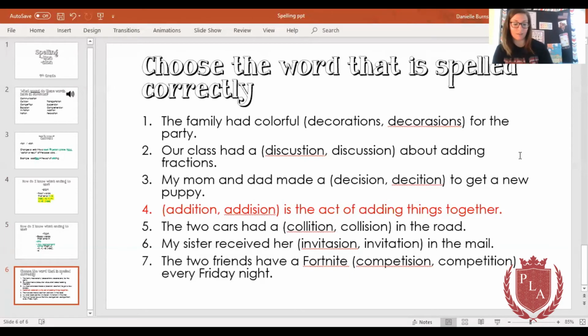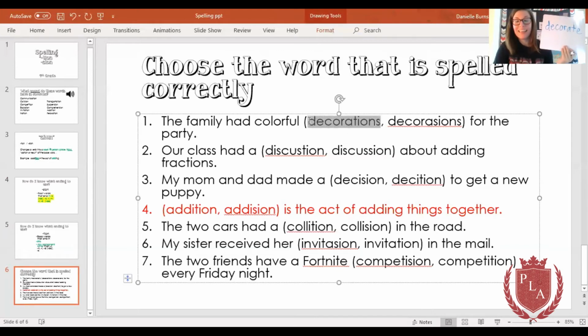Well, we spell decorate, D-E-C-O-R-A-T-E. Do you notice what this word ends in? Yes, it ends in A-T-E. And I know this ending goes with T-I-O-N, which means I will choose this first spelling for the correct spelling. Did you choose that one too? Awesome job.